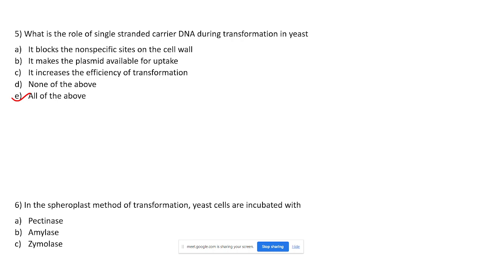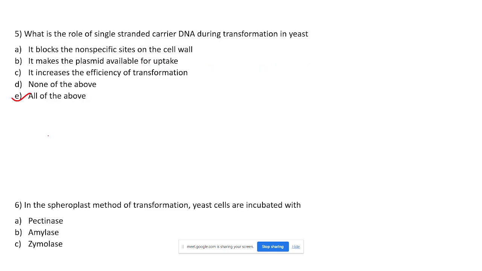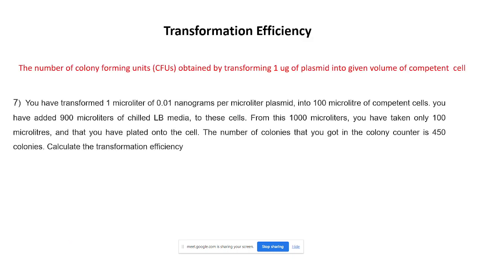The answer is... no, pectinase is not the correct answer. Zymolase. Yes, zymolase is the correct answer. So the correct answer is option C, zymolase.